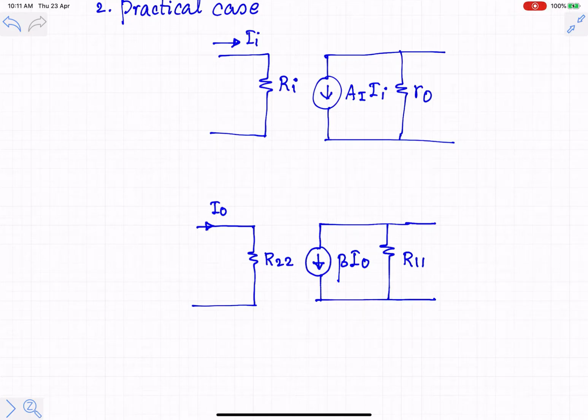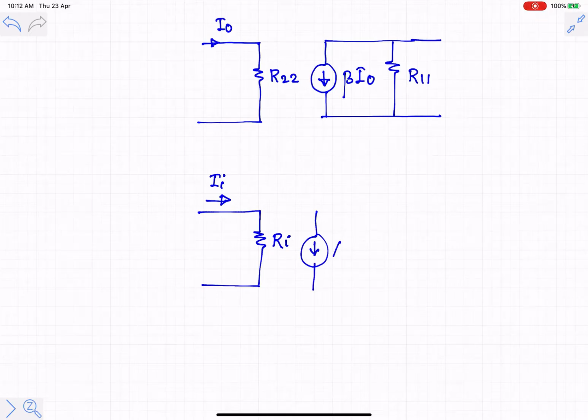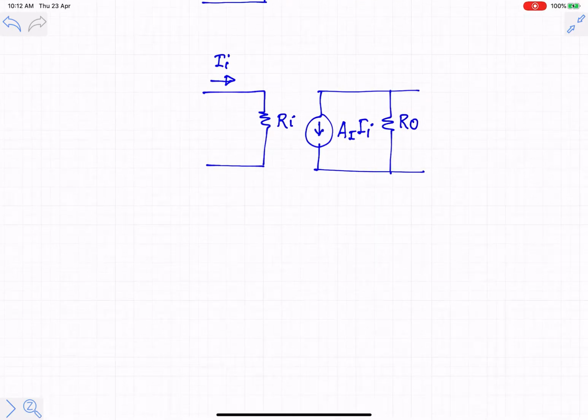When we combine them in a practical situation, we will get a circuit something like this. We have feed forward amplifier with input impedance equal to Ri, input current equal to Ii. Then we have current controlled current source Ai into Ii, and then we have output impedance equal to Ro. Now we have to sense current.